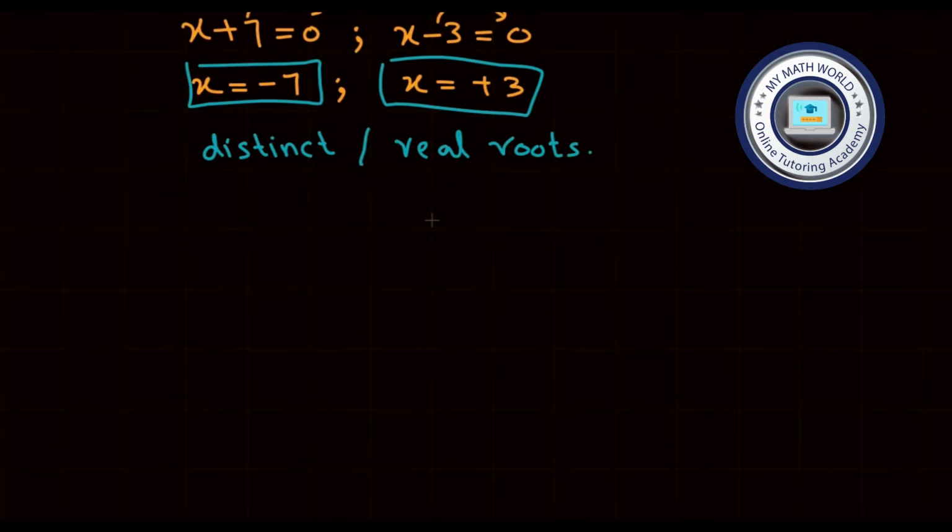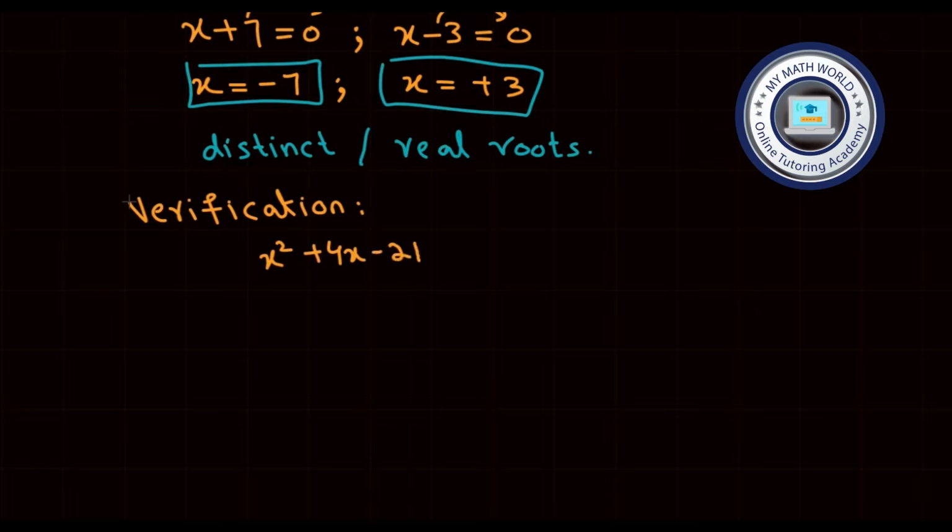If there is a need to check whether these roots are true or not, there is one specific way for the verification. Let's do the verification here for the roots which we just obtained after applying the method of factorization. Okay, so the left hand side of the equation was x square plus 4x minus 21.